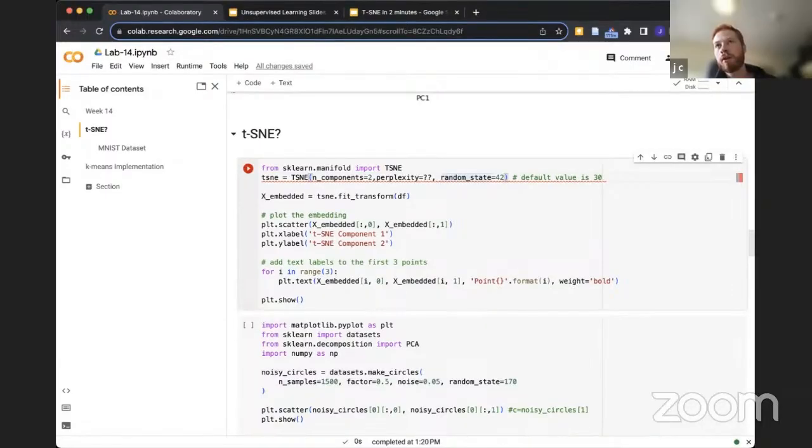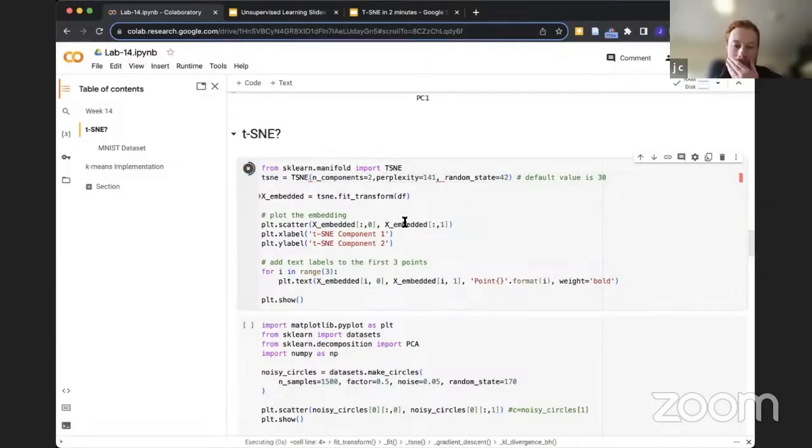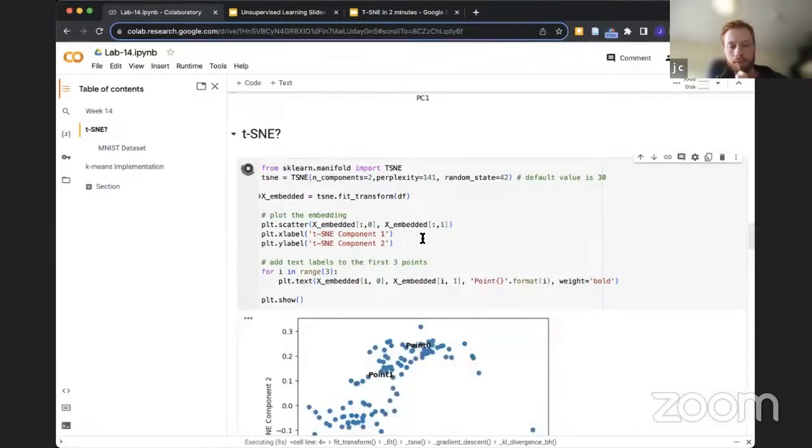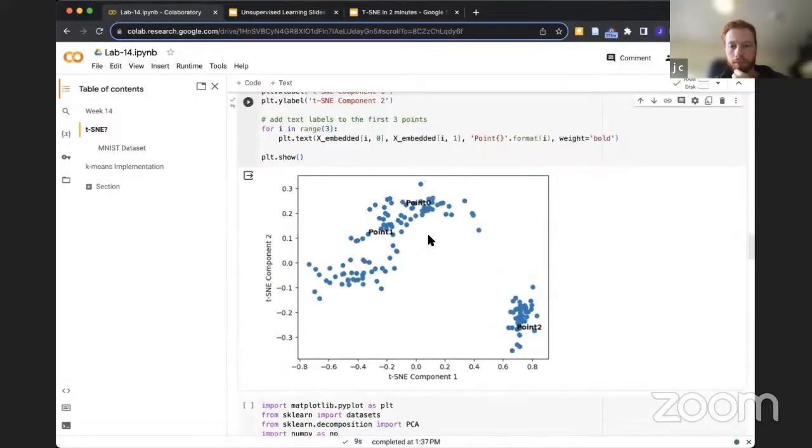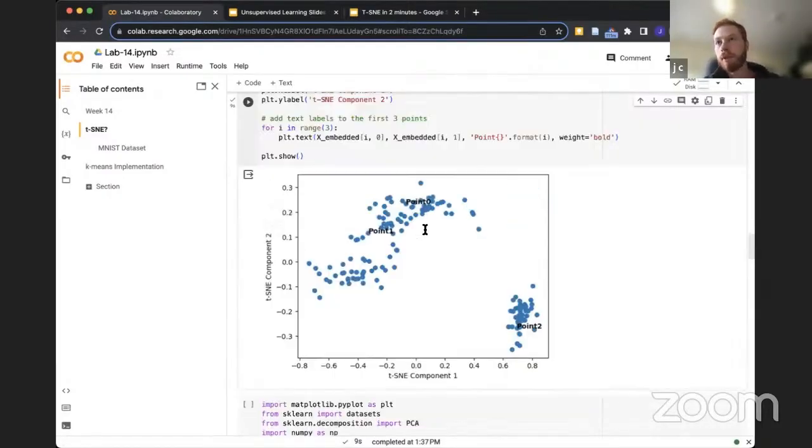How about, okay, try some perplexity. We have 141. Let's try this one out. Takes a few seconds. Okay. 141.